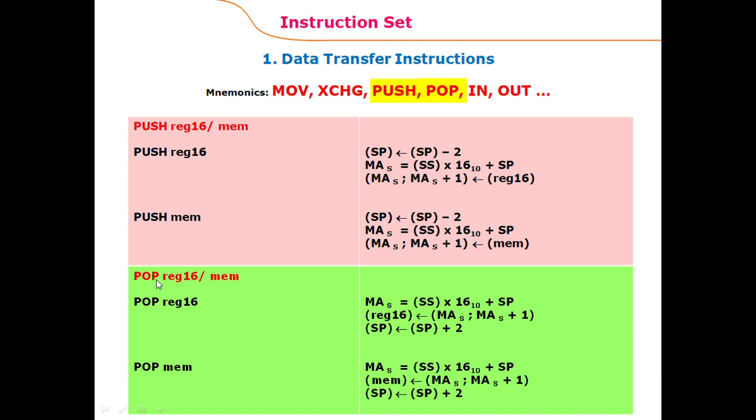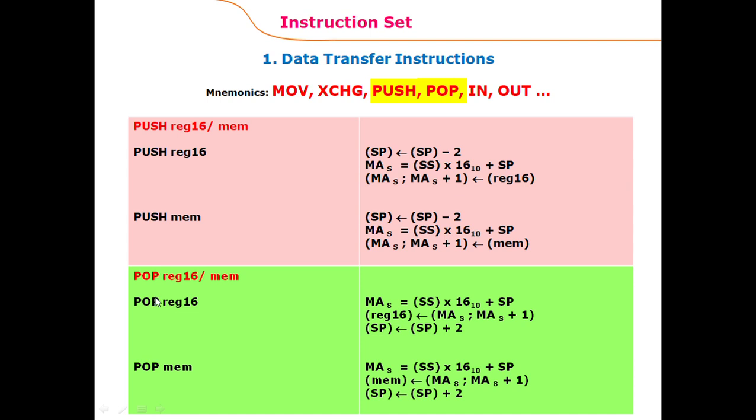POP takes an 8-bit or 16-bit value from the top of stack into this register or this memory location. So this register or memory location is the destination of data, while in case of push, the 16-bit register or memory location was the source of data. Here in POP, the source of data is the top of stack, while the destination is the 16-bit register or 16-bit memory location.